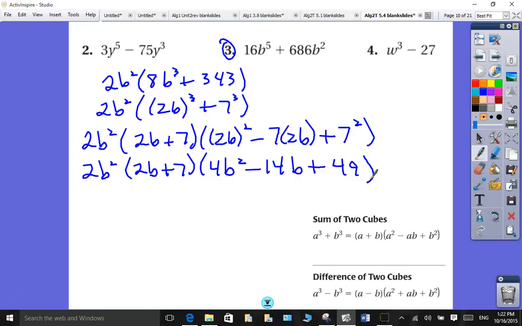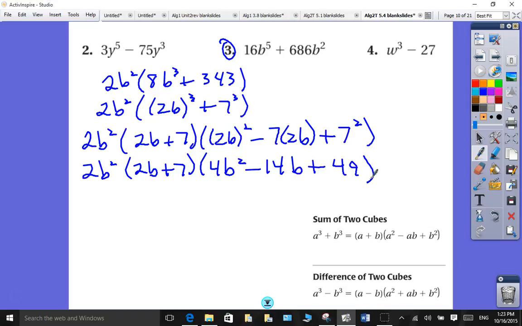So there's the work. Where? Here? Okay. Because 2 cubed is 8, and b to the third is b to the third.